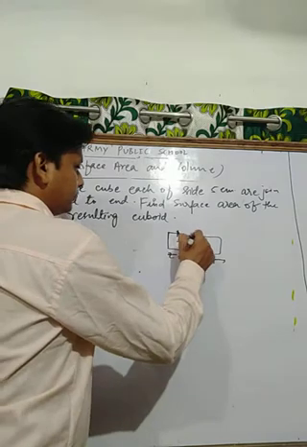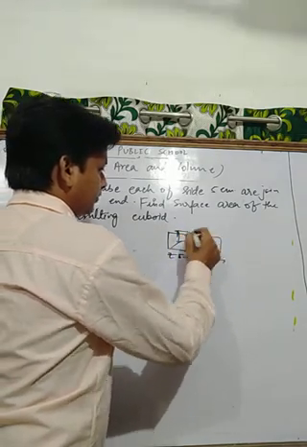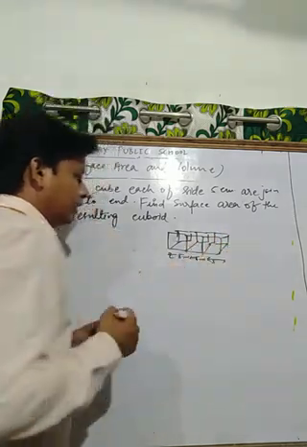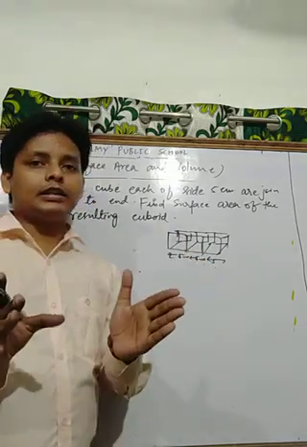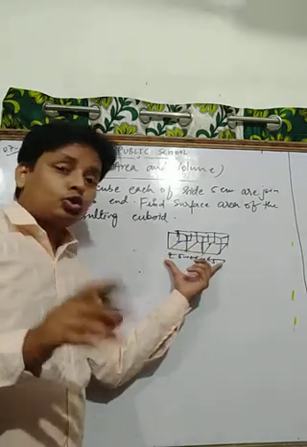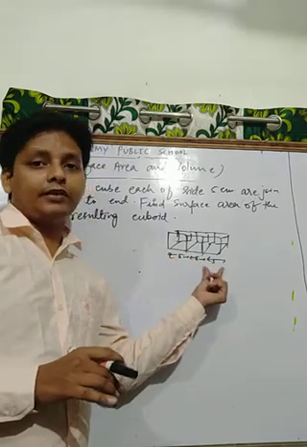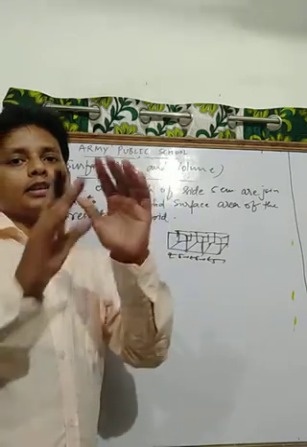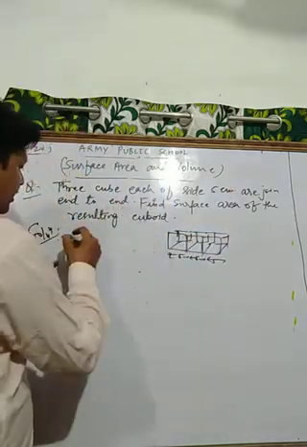If three cubes each of side 5 centimeter are joined end to end, then the total length of the cuboid is 5 plus 5 plus 5, that is 15, but the breadth and height of the resulting cuboid will be the same.